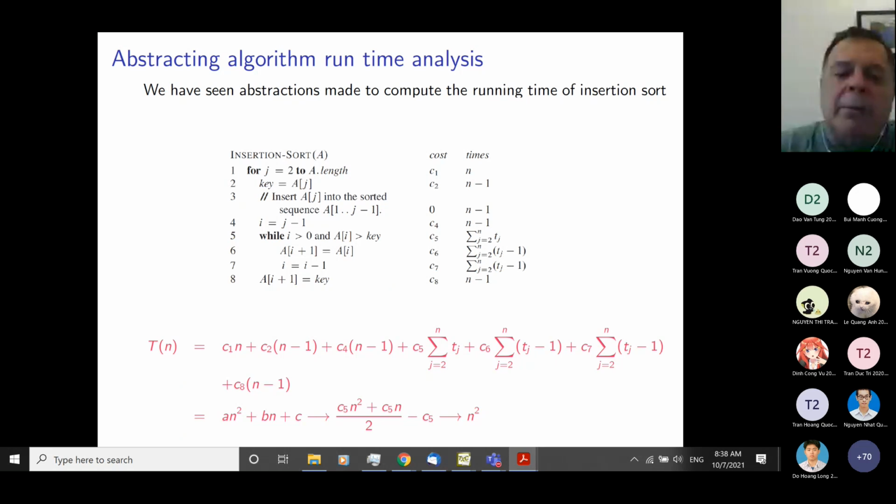Okay, this is a polynomial in n, so we just keep the largest term in the polynomial, get rid of all the constants. So this is the procedure we're going to use, and this is the procedure that is used in all algorithm books or papers when they analyze the running time of algorithms.